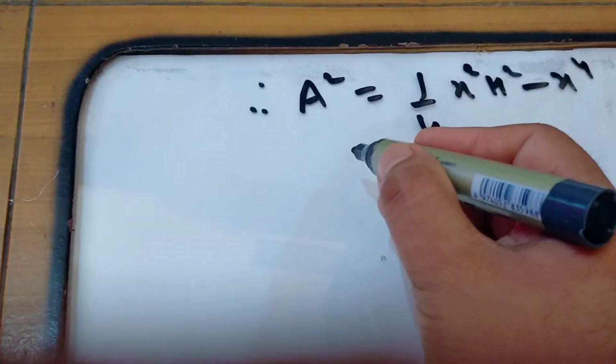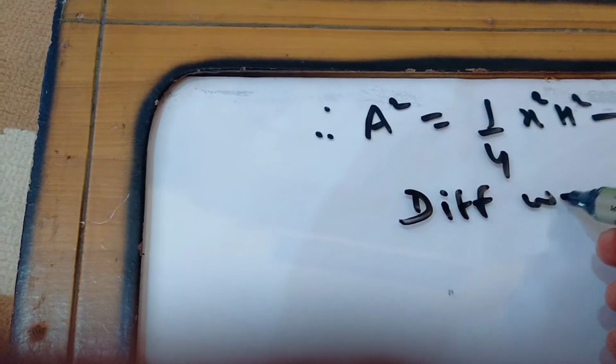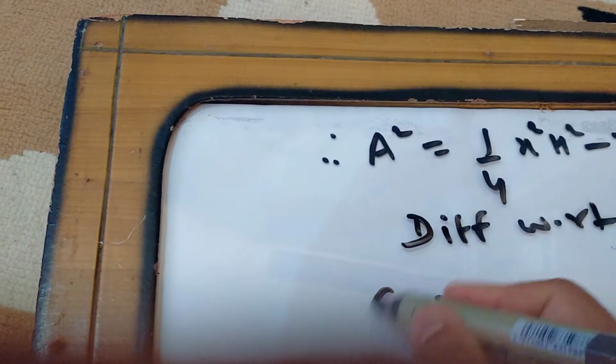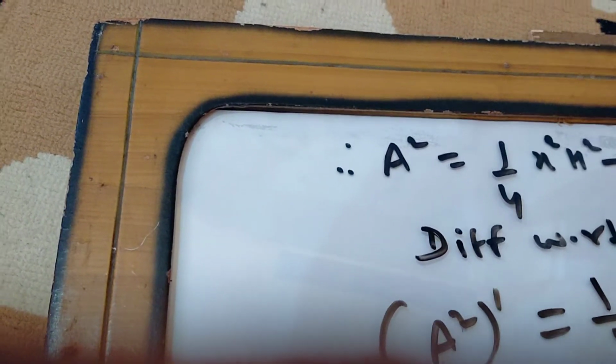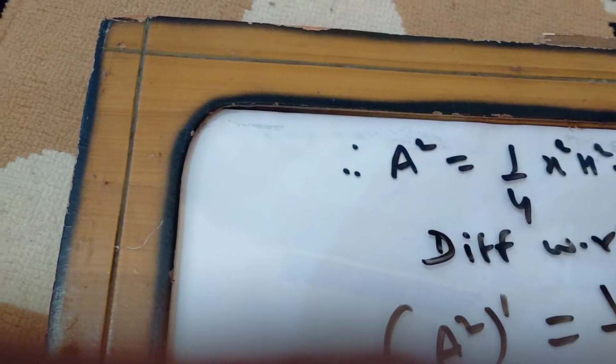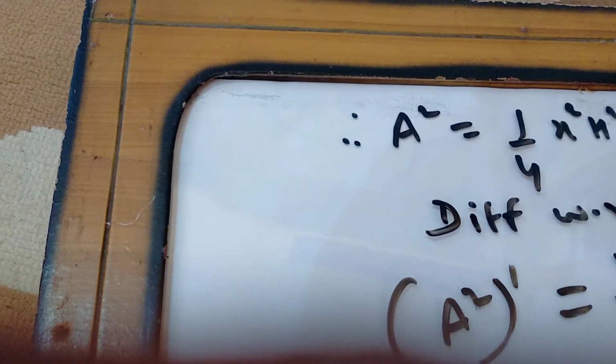So if I differentiate with respect to x, it will give the result a square dash. It will be 1 by 4, it is common. So x square differentiation is 2x and h square is common. Now x raised to the power 4, its differentiation is 4x cube.